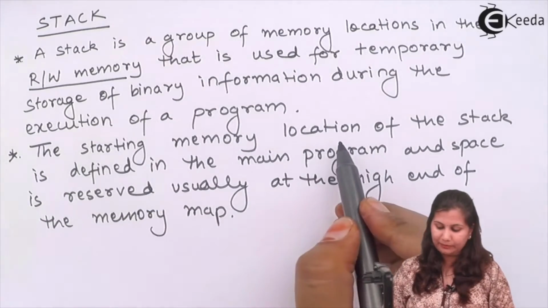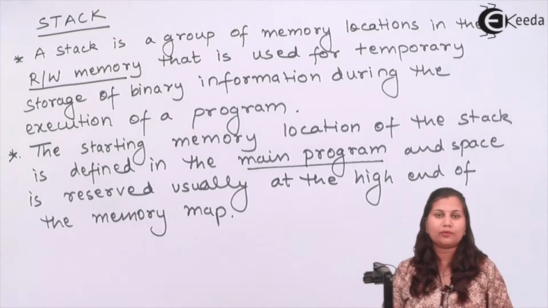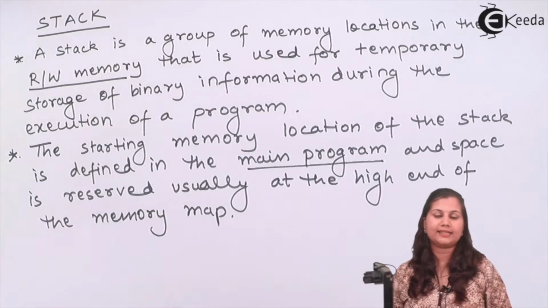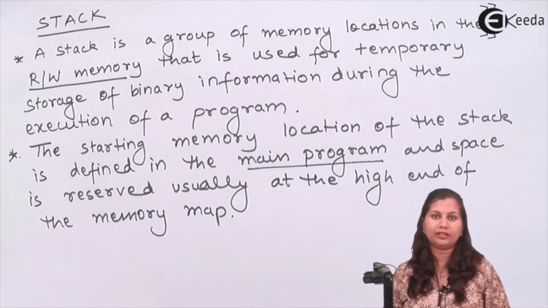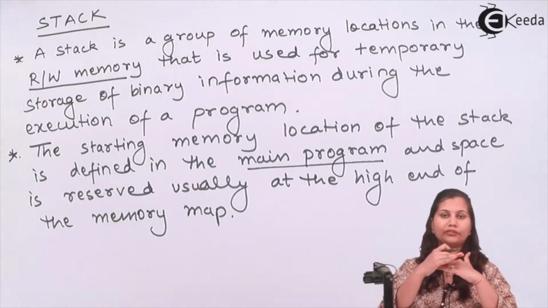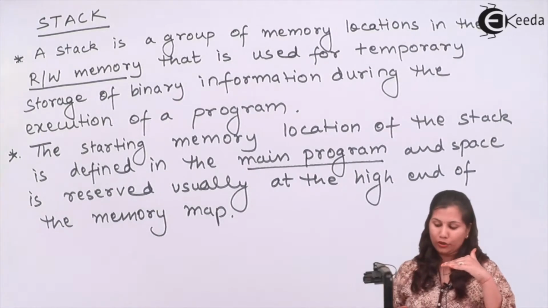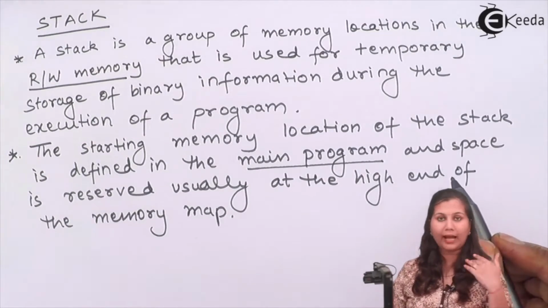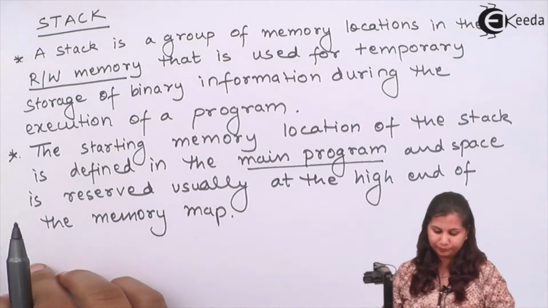Now the starting memory location is defined in the main program. In the main program we have a pointer, the stack pointer, and in the stack pointer we initialize the stack. The starting memory location will be given in the stack. Now in the stack, the storage of the binary data is done in decrementing order. So we use the highest memory location which is available to us.